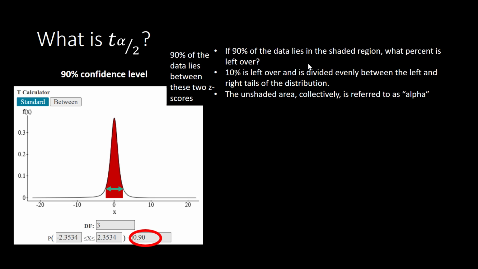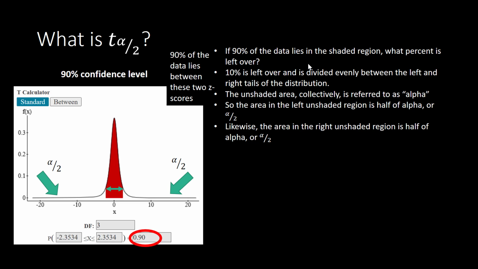The unshaded area collectively is referred to as alpha. So the area in the left unshaded region is half of alpha, or alpha over 2. Likewise, the area in the right unshaded region is also half of alpha, or alpha over 2. In this case, alpha is 10%, so each side is half of 10%, or 5%.